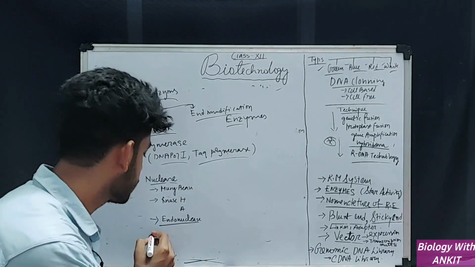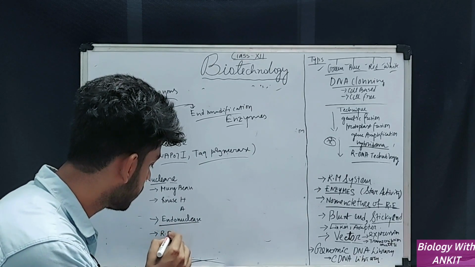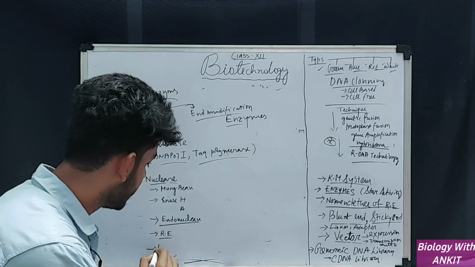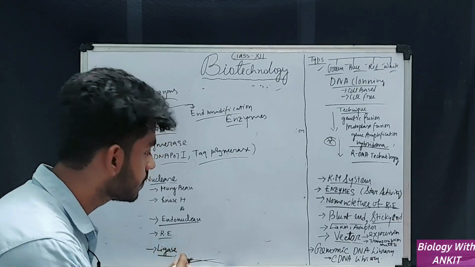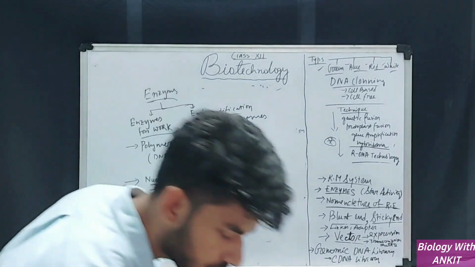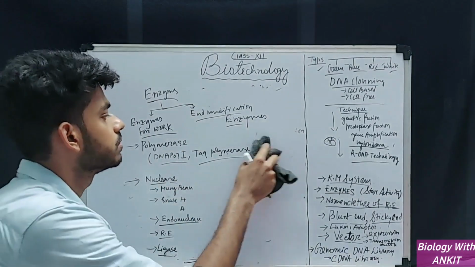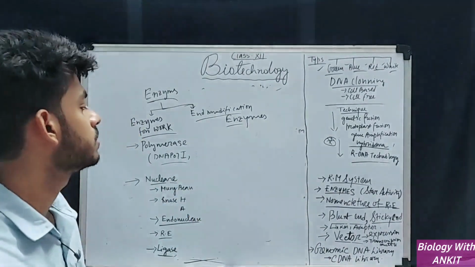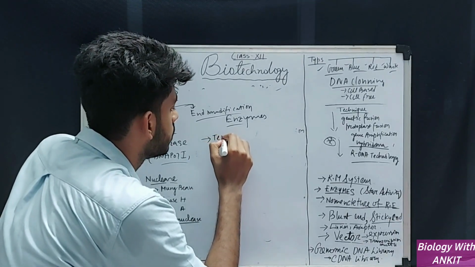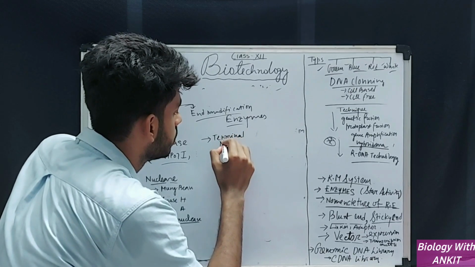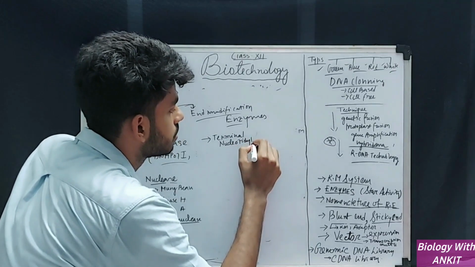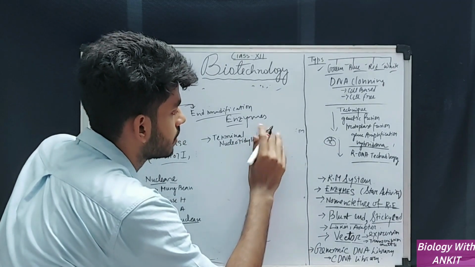Okay. So endonuclease, and there are certain types of restriction endonuclease we have already discussed in the previous section. And there is ligase for joining the parts. Okay. And in modification enzymes, there are several enzymes also. In modifying enzymes, there is one enzyme called terminal nucleotide transferase.